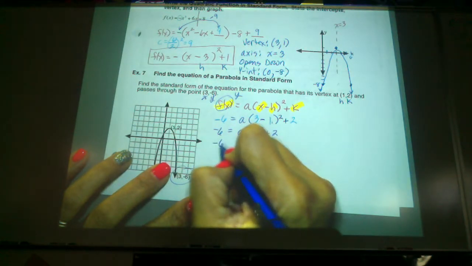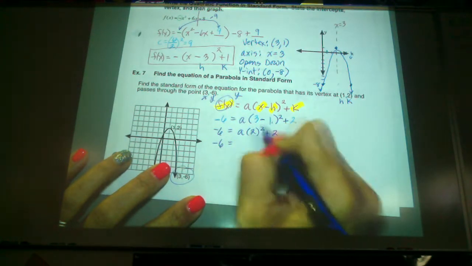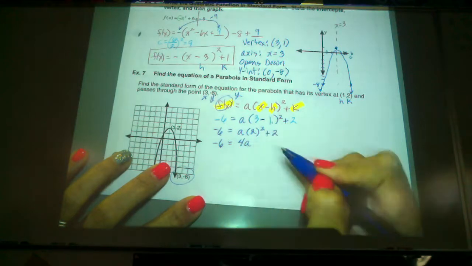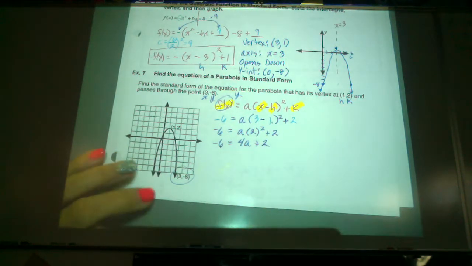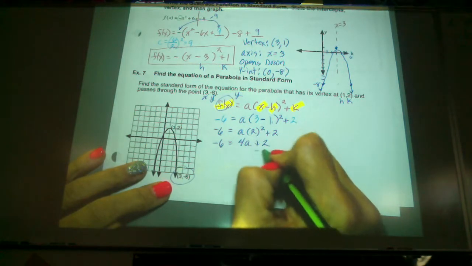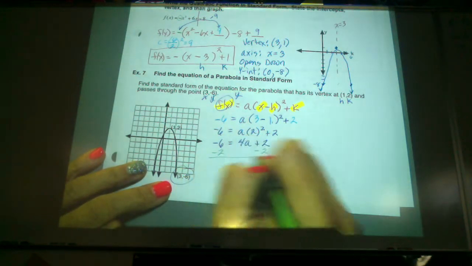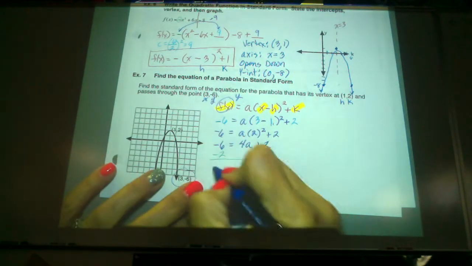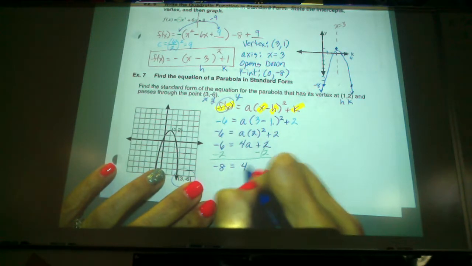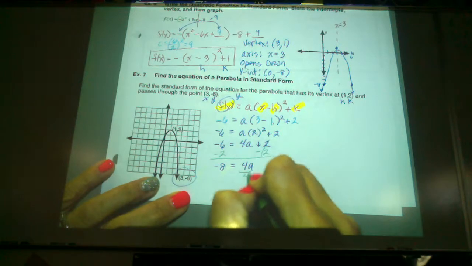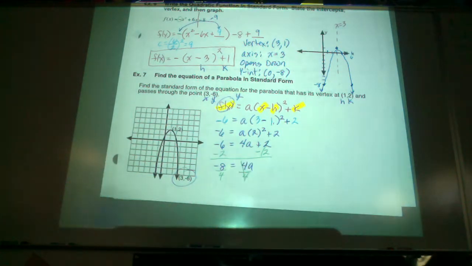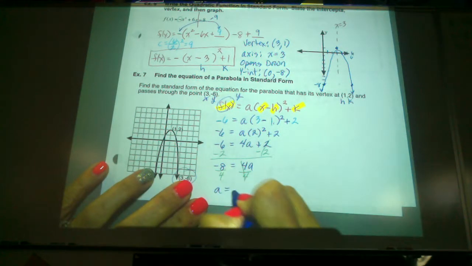Then we have negative 6 equals 2 squared is 4, so doesn't it become 4a plus 2? Now I'm solving for a, so subtract 2. I get negative 8 equals 4a. Divide by 4, and we get a is equal to negative 2.